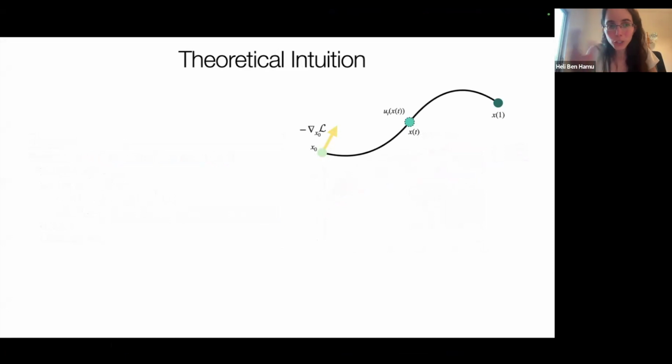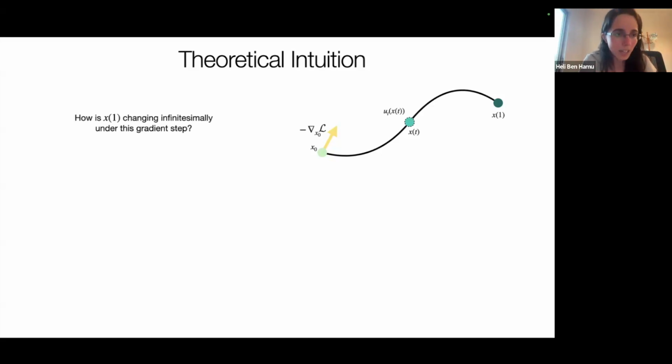So the question that kept me busy working on this was: we're optimizing with respect to our parameters x0, but what happens to x1? In what direction does x1 move when we move x0? We take a step with x0 in the direction of minus the gradient of the cost, but how does x1 change infinitesimally?